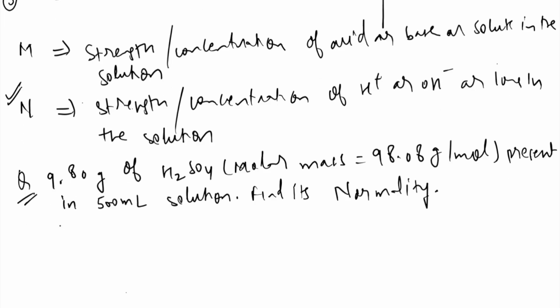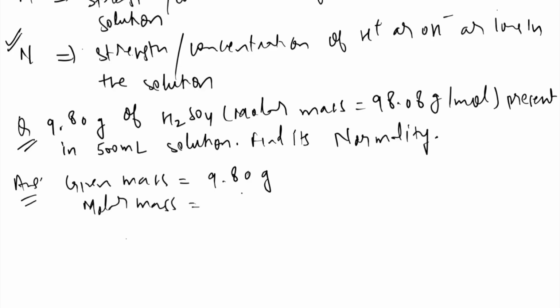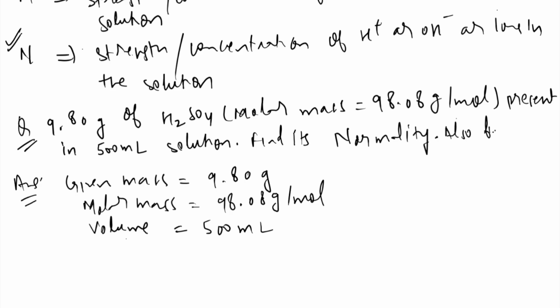Okay, so how to do this? We know that the given mass is 9.80 gram, molar mass is 98.08 gram per mole, volume is 500 ml. Let's also find the molarity. Okay, we are going to find both molarity as well as normality.